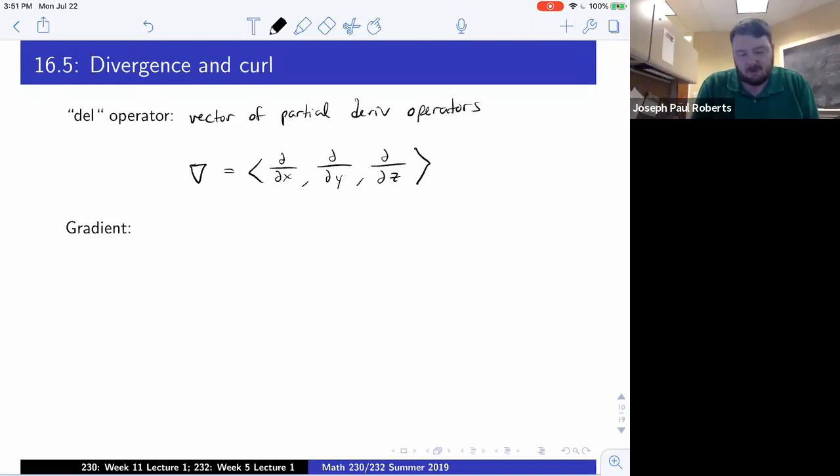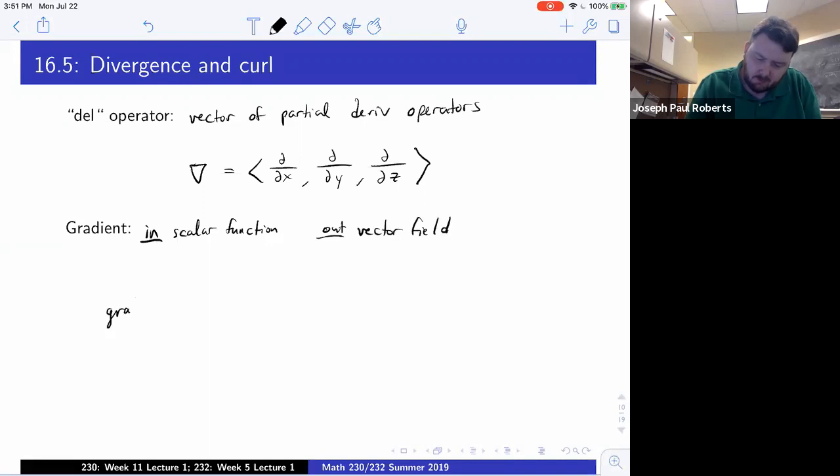Think about it as this vector. And so the gradient was something that we did whose input was a scalar function and whose output was a vector field. And for gradient, we wrote grad of little f, or nabla f, I don't even know how you pronounce it. Well, think about it like this.